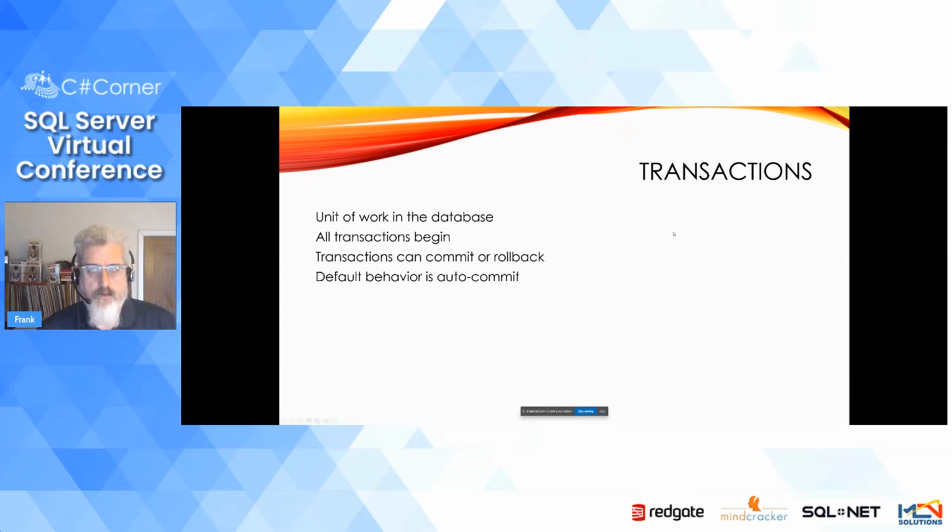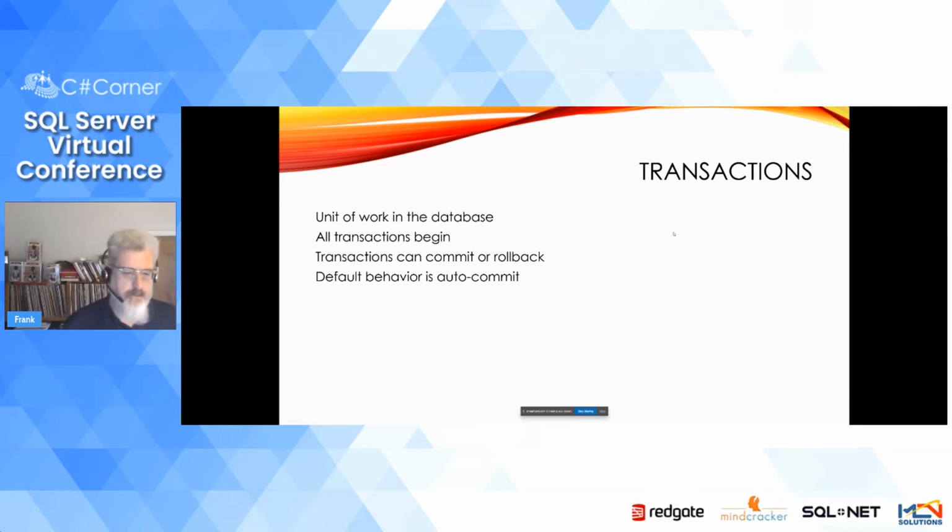So quickly, I'm going to talk about transactions. Any relational database management system uses transactions to encapsulate units of work in the database. And in SQL Server, every transaction begins, and then a transaction can commit or roll back.